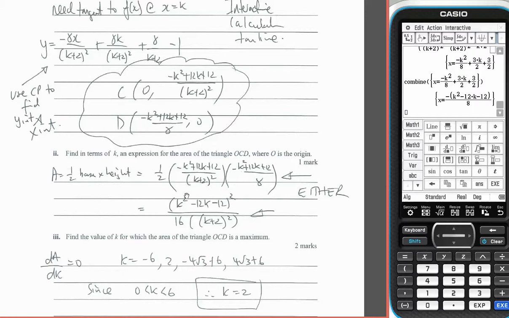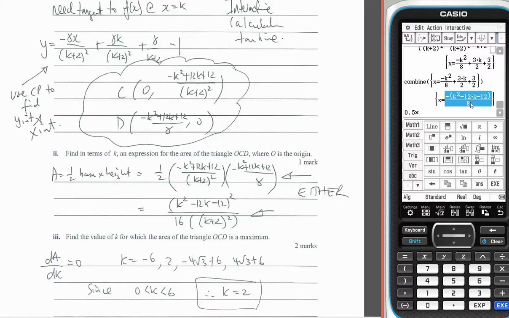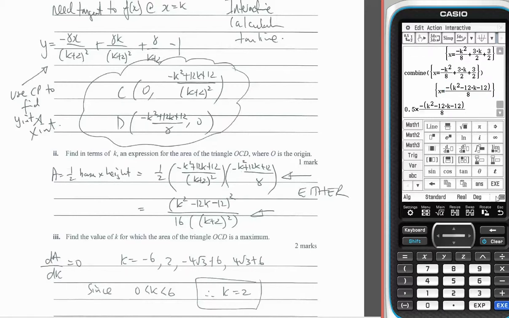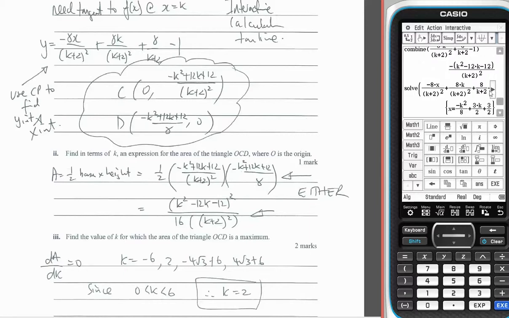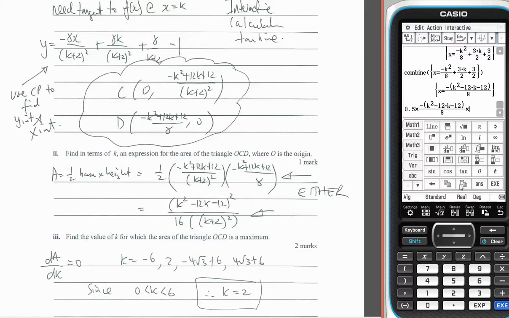If I take this, I'm going to have 0.5 times this times this, and there is this expression.